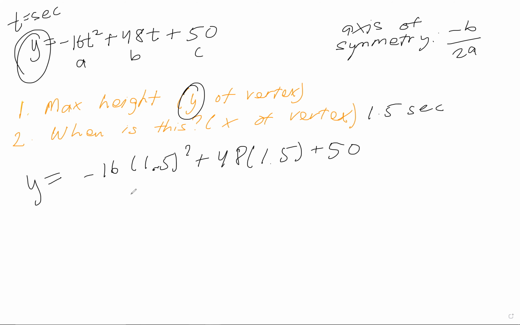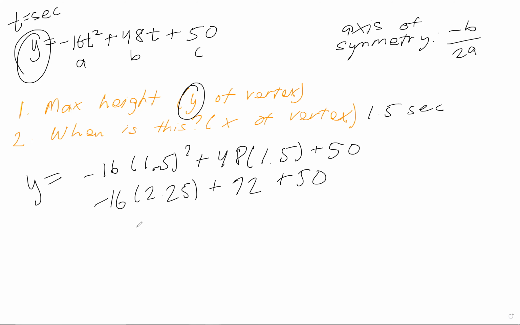Wait, 1.5 squared is 2.25. And 48 times 1.5 is 72.